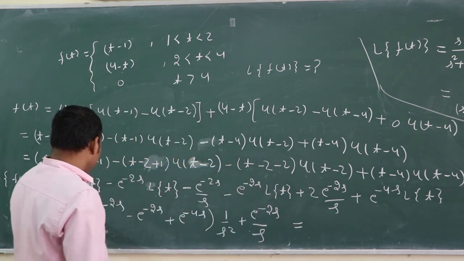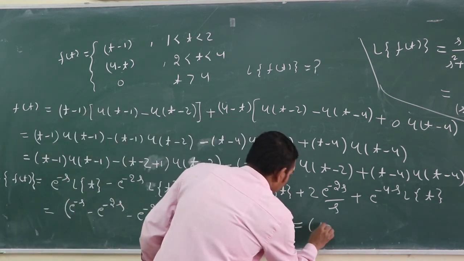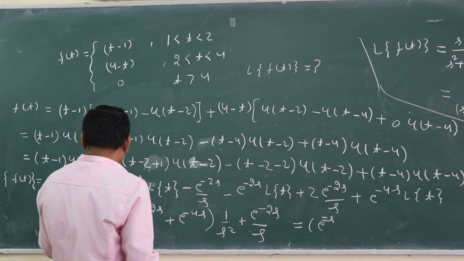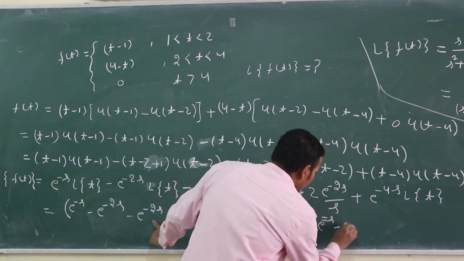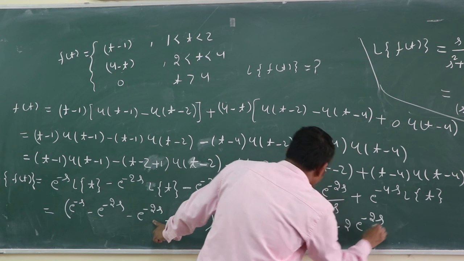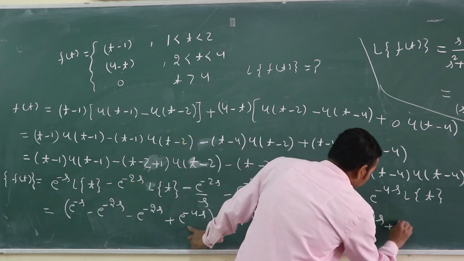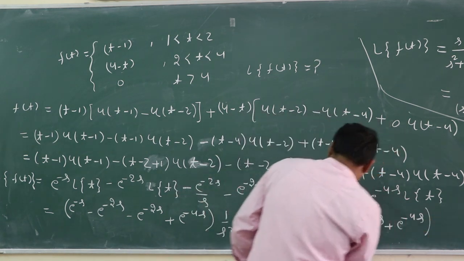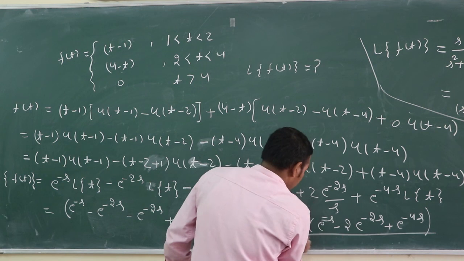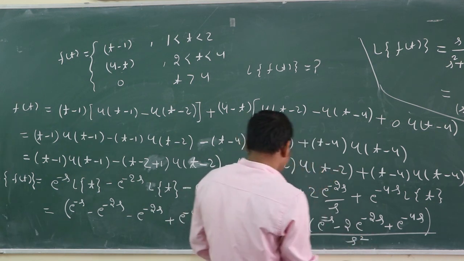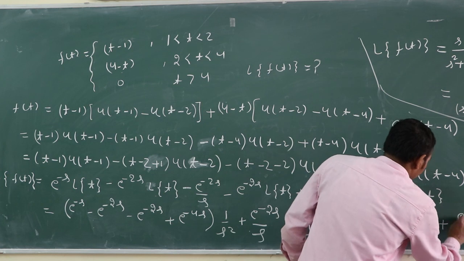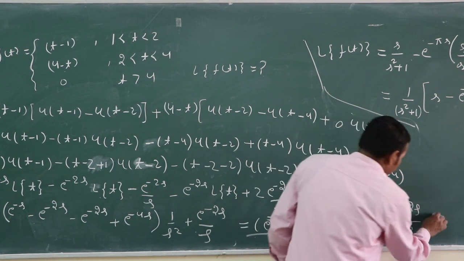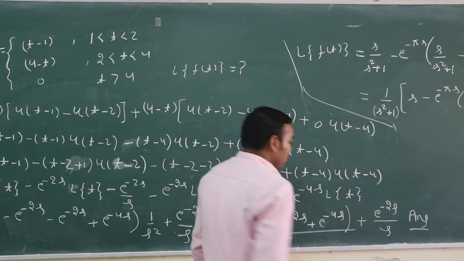If we simplify, e to the power minus s, e to the power minus 2s, e to the power minus 2s, that is e to the power minus s minus 2 e to the power minus 2s plus e to the power minus 4s, upon s square, plus e to the power minus 2s upon s, and finally we get the solution.